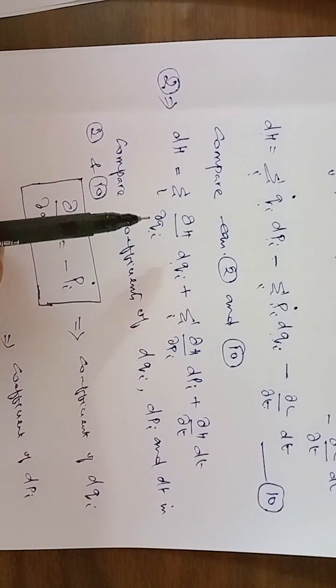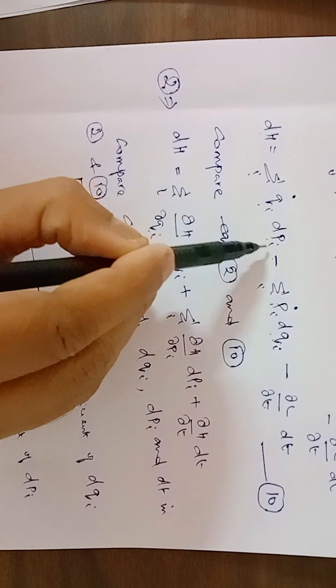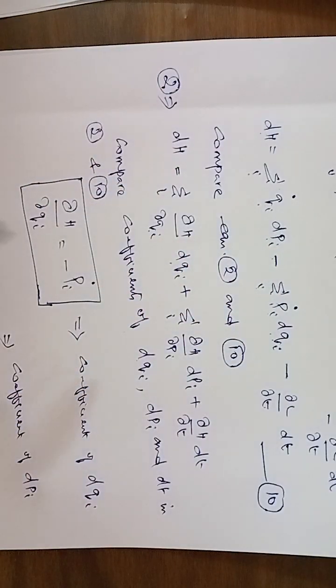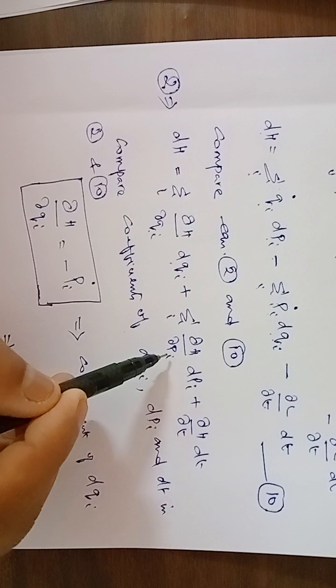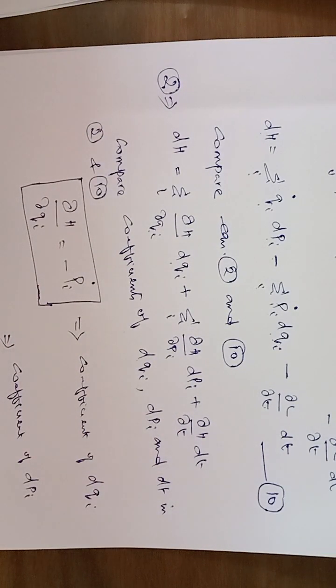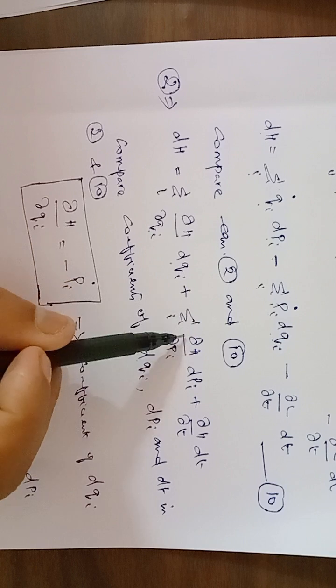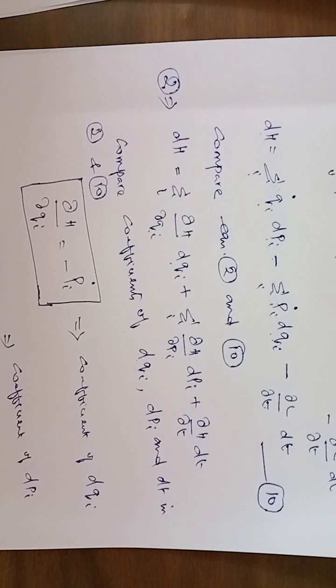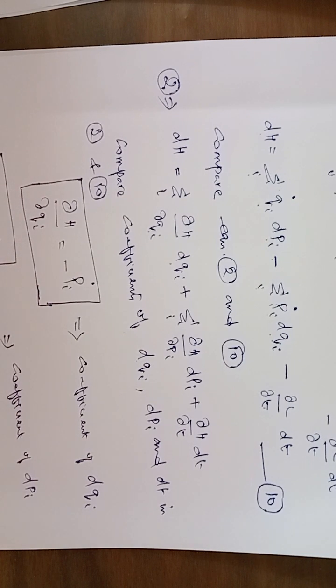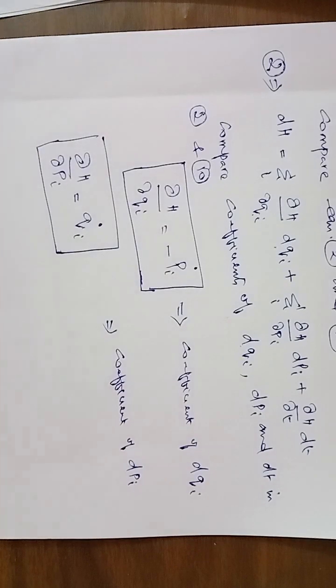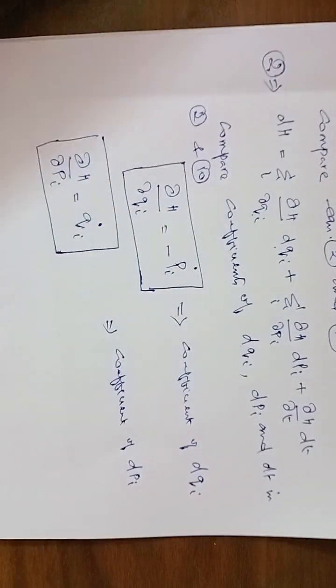In equation 10, the coefficient of dpi is qi dot, and here it is ∂H/∂pi. Therefore ∂H/∂pi is equal to qi dot. This is another canonical equation.